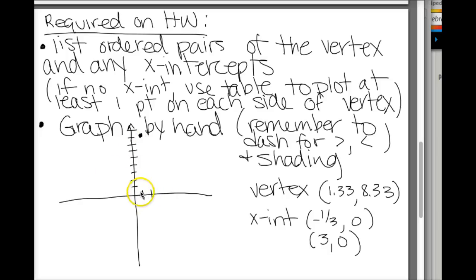Then I have x-intercepts at negative 1/3, so that's right here, and positive 3, so right here. And so then connect them, again remembering that this should be dashed because it was a plain less than. So now it's dashed. And then I'm going to shade it in.